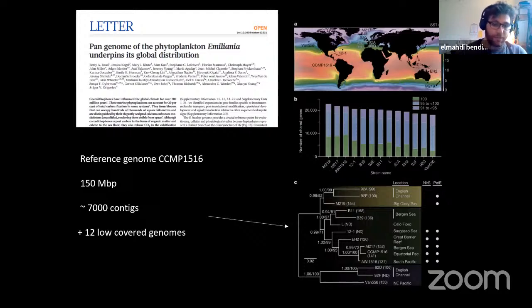So it's a very fragmented genome. For the type of work we are dealing with in terms of assessing speciation, it's not a big problem. But for finding the mechanism of speciation, it can be a more problematic job. And we already have access to 12 other strains for which the genomes have been sequenced.